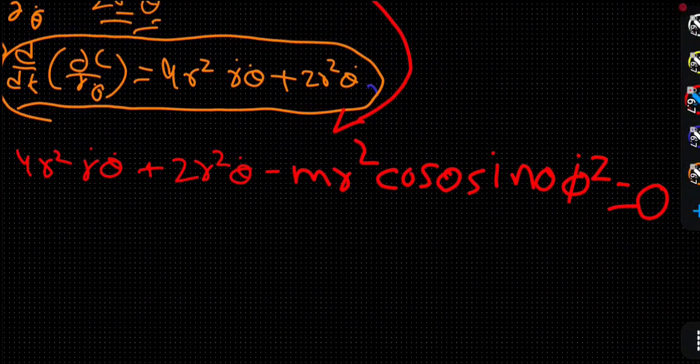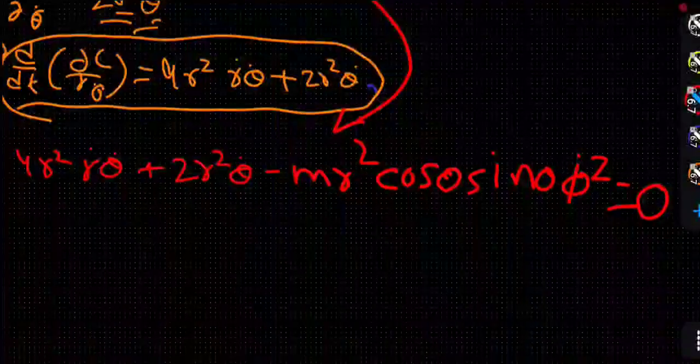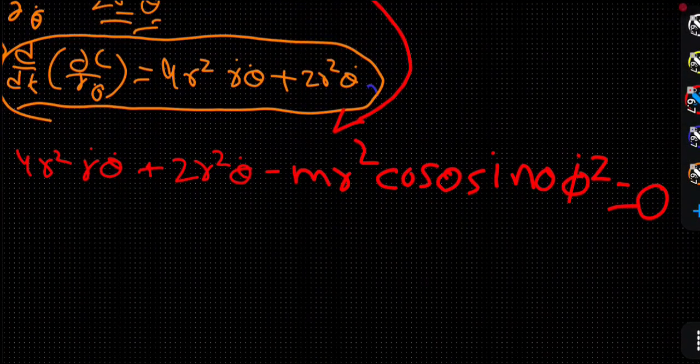So this is our equation. Sorry, here is one mistake. There should be theta double dot. This is the double derivative.